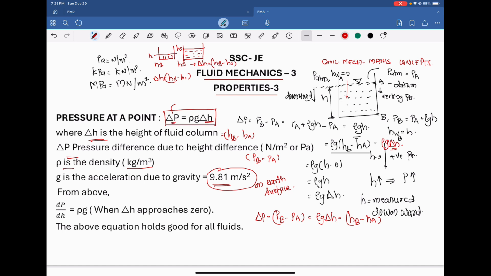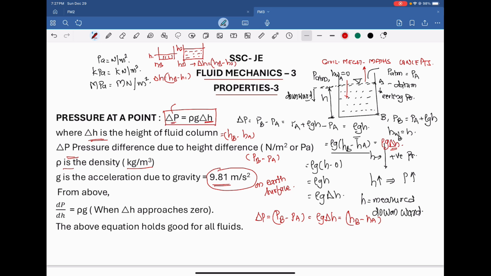The opposite is also true. As height increases in the atmosphere, the atmospheric pressure decreases. That I will come to in the next stage.